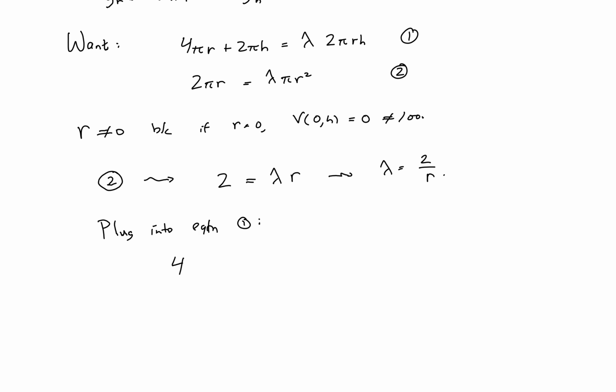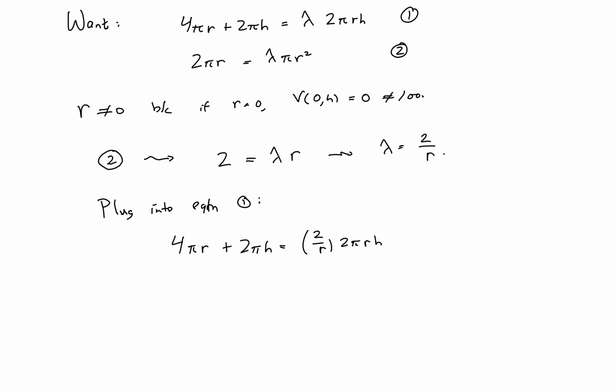And so I have 4 pi r plus 2 pi h is equal to 2 over r, 2 pi rh. And now notice on each side here, I have a 2 pi. Well, this r will cancel this r.